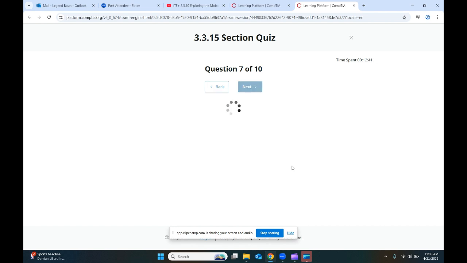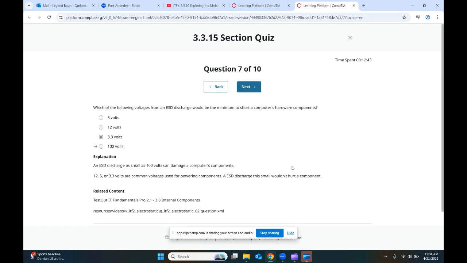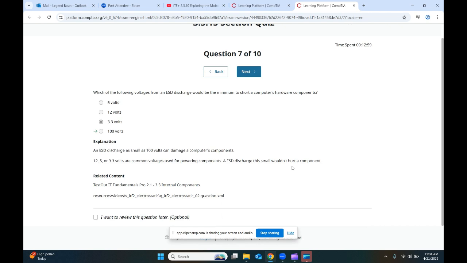I'm just going to check my answer here. It's 100 volts. An ESD charge as small as 100 volts can damage a computer's components. 12, 5, or 3.3 are common voltages used for powering components. An ESD discharge this small would not hurt a component. Huh. Well, I learned something, and I hope you did too.